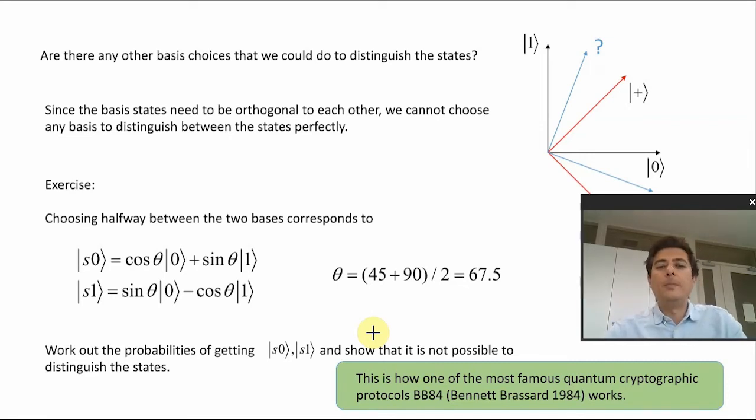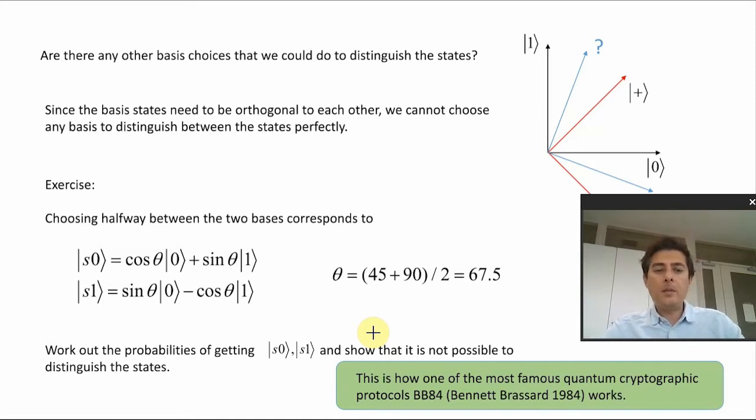But in quantum mechanics, this is not true. If somebody prepares a state and you don't know what it is, then you can't work out exactly what it is with certainty, because quantum mechanics has this probabilistic element to it.